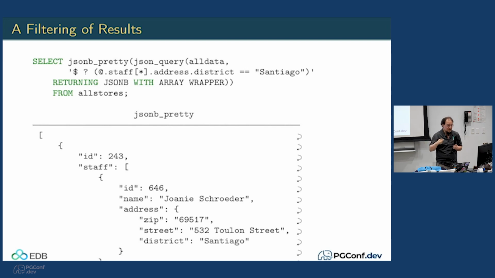So this where clause says, look at the at, which means, in this case, one of the array elements that's in the context item, and walk through it, and then access the staff member from there, and then access the address of each staff, and then see the district inside that one, and see if that matches Santiago, then you find it. So here we get the result of people in Santiago.